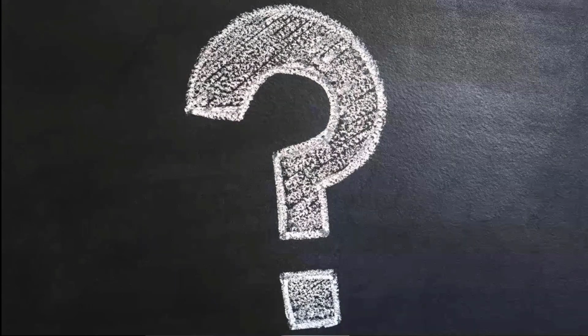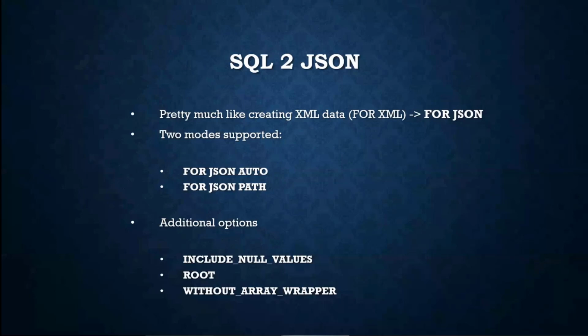Now, when we know why, let's see how. The first thing is how you can convert SQL to JSON. It's pretty much like creating XML data in SQL Server. In the world of XML you use the FOR XML clause, and in JSON you use FOR JSON in the select statement.